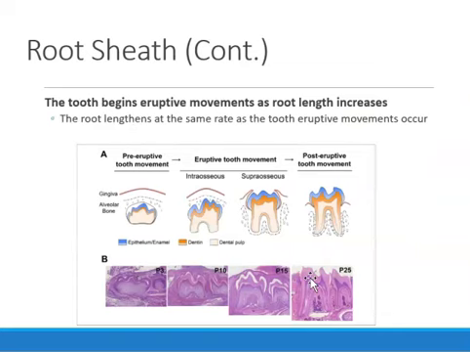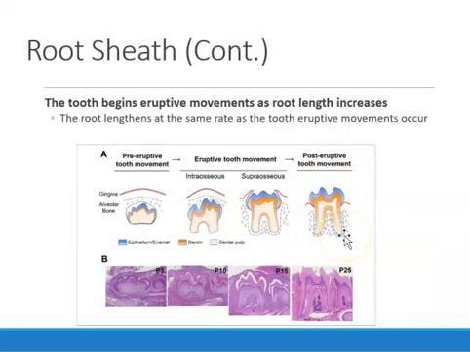All right, so an interesting point is when the tooth begins the eruptive movement, when it comes out of the gum. As it's coming out of the gum, you can see that the root isn't fully formed. Even as tooth eruption is occurring, the root is also forming at the same time.